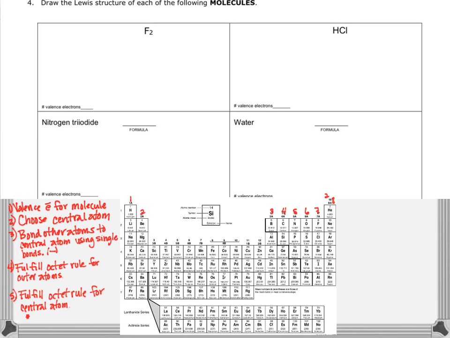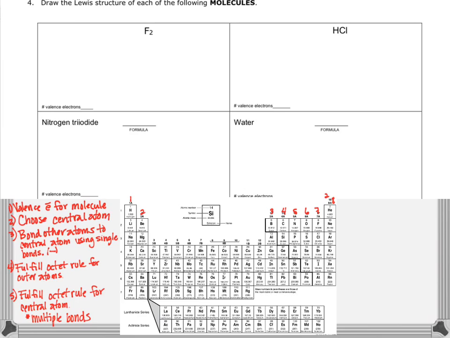So maybe you could potentially have multiple bonds, meaning double or triple bonds, in order to make sure everybody fulfills that octet rule. All right, so I'm going to reference these steps as we go through these problems.